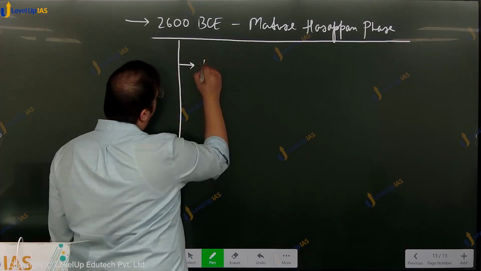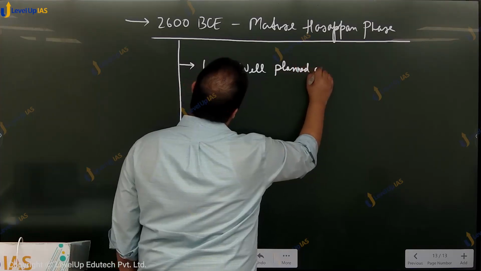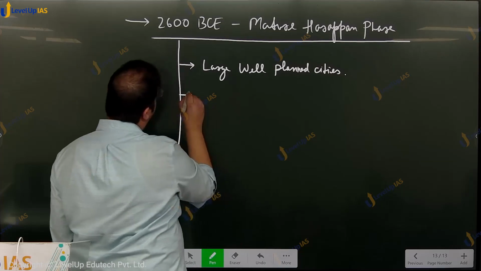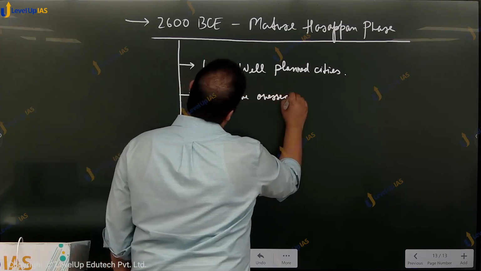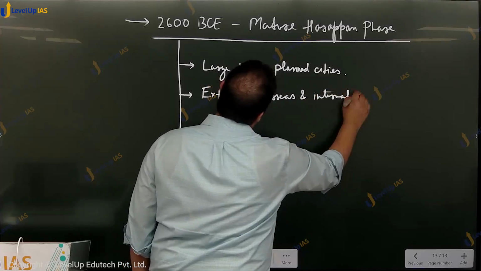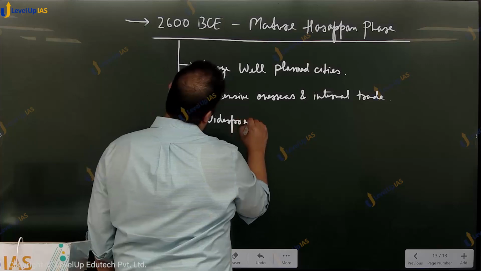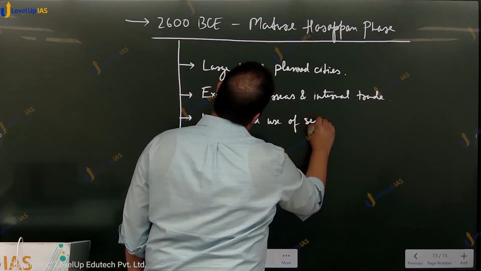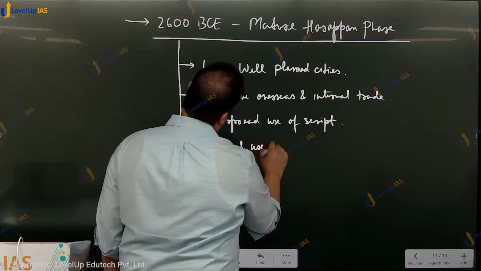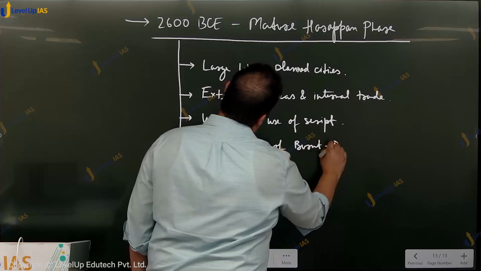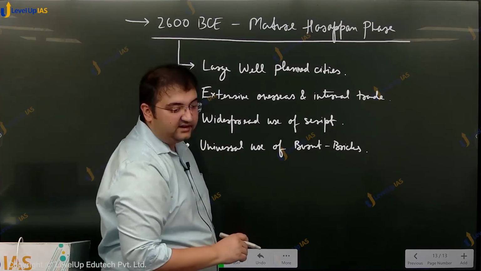That is, large, well planned cities, extensive overseas and internal trade, the widespread use of script, the universal use of burnt bricks, clearly well stratified society also emerged.